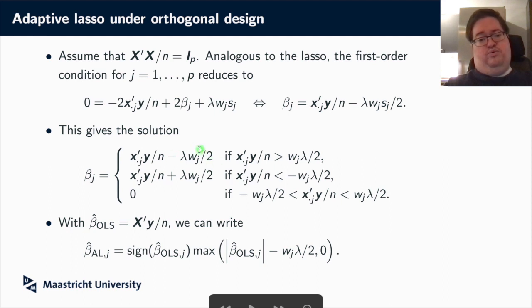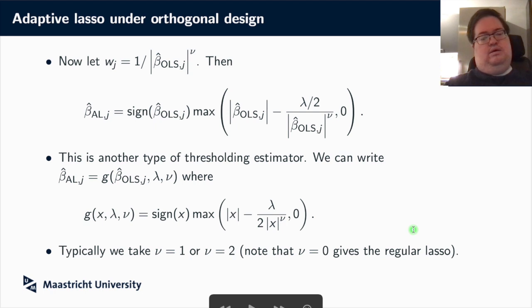We shrink it towards 0 by this amount here, or this amount for the negative case. But of course, the difference with the previous case is that now we have this wj, which affects how strong my penalty is, how strong my condition for setting it equal to 0 is, and how strong my bias is.